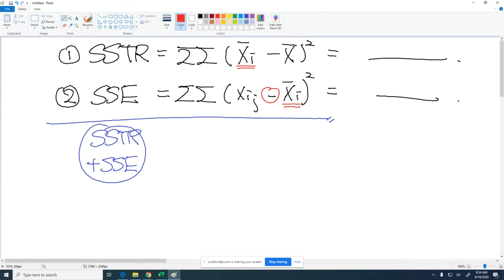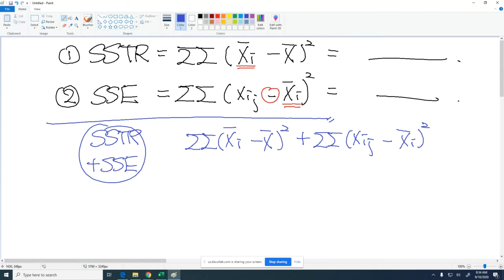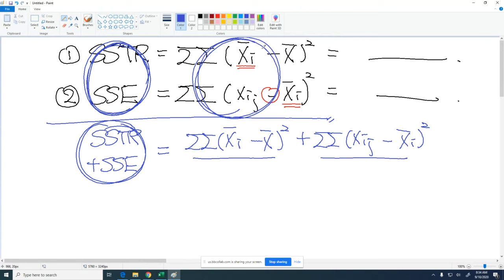So what I want to do now, on the right hand side, I just take the double summation of xi bar minus x bar squared and add another double summation of xij minus xi bar squared. I just add the two terms on the left, and we add the other two double summations on the right. Good, right?